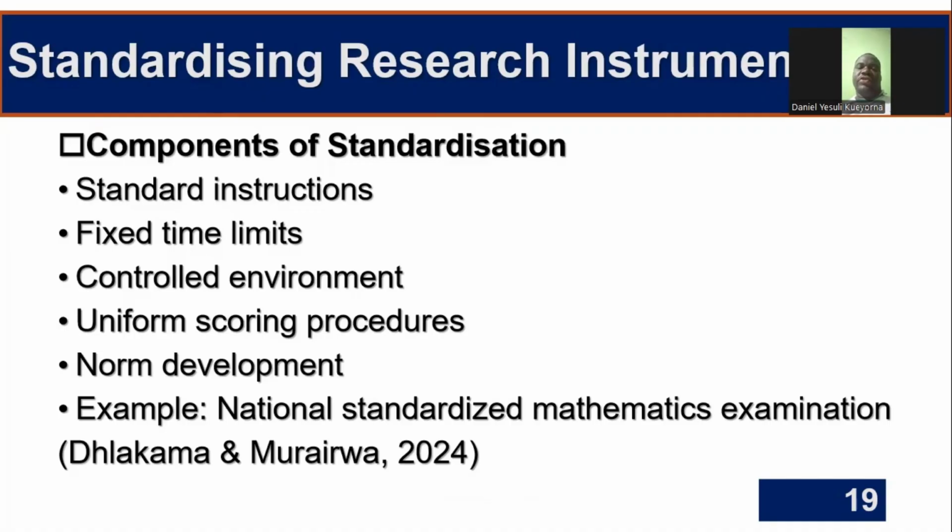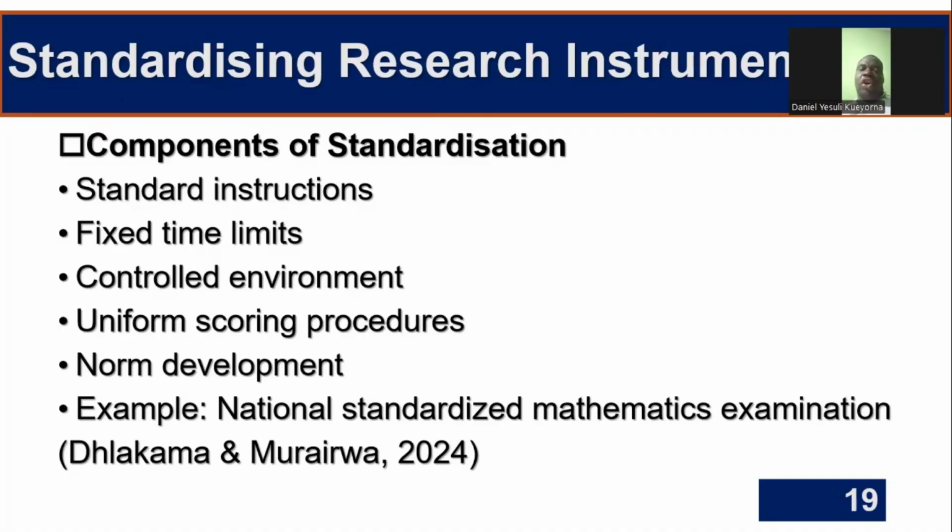Then it should also have a controlled environment. It means that the conditions under which you are using the instrument should be the same for all respondents. Also, it must have a uniform scoring procedure. So you do not use different scoring sheets to score your respondents.